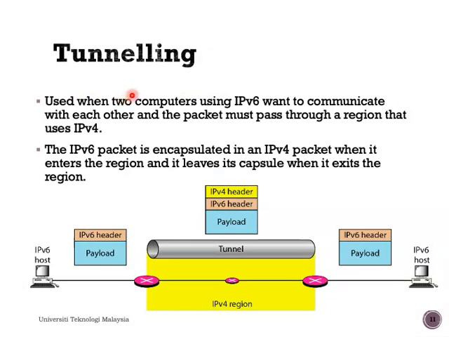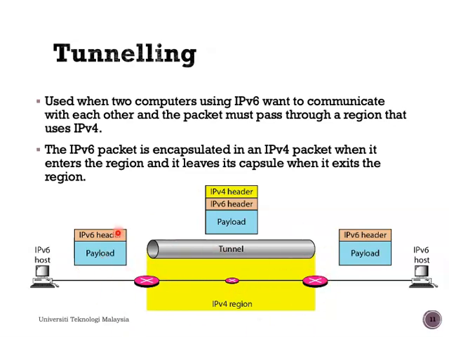Tunneling provides a way to utilize an existing IPv4 routing infrastructure to carry IPv6 traffic. Basically, in this example, two computers using IPv6 want to communicate with each other, and the packet must pass through a region that uses IPv4.